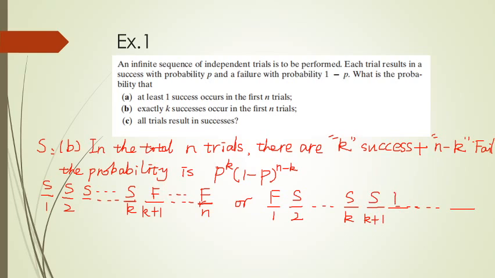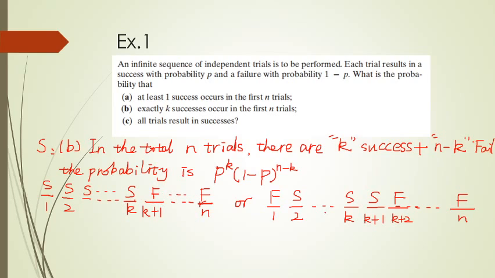So you still have K successes until the last one. So you can choose which K trials out of N have the result of success, and the other N minus K give a failure.